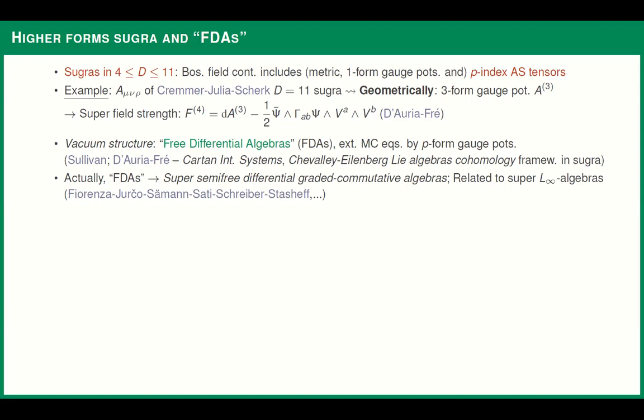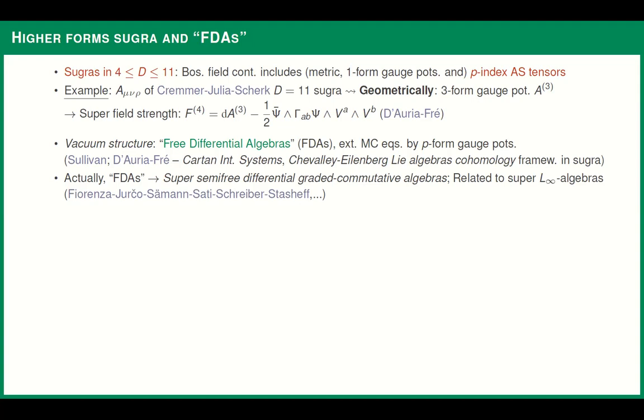I will now move to the case of higher form supergravity and show you what I was saying a few seconds ago about this homological structure of superspace. When we are dealing with higher dimensional supergravity theories, actually already in 2 dimensions, we have a bosonic field content that includes, besides the metric and one-form gauge potentials, also p-indexed antisymmetric tensors.